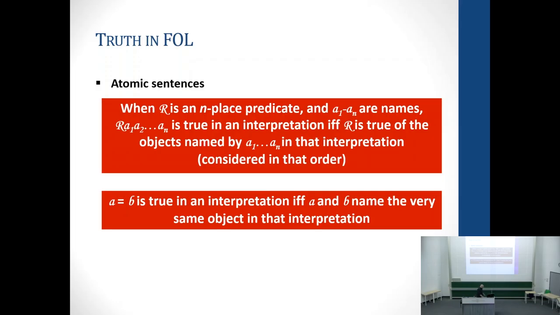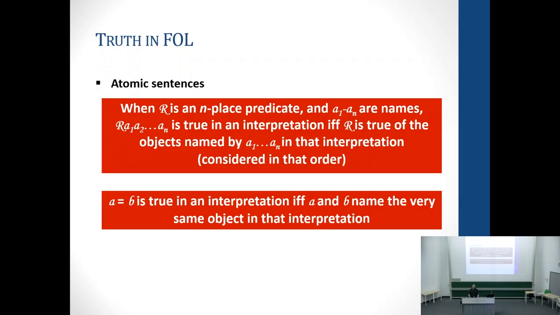Again, the basic idea is that Fa is going to be true on an interpretation if the thing named by a is in the extension of F. Rab is true on an interpretation if and only if the ordered pair ab is in the extension.